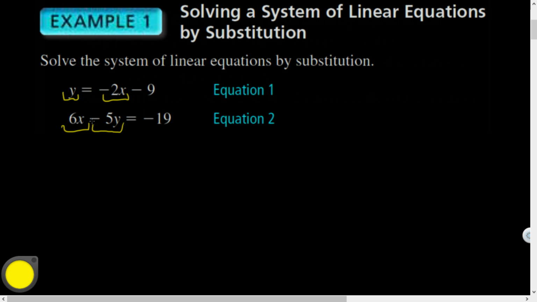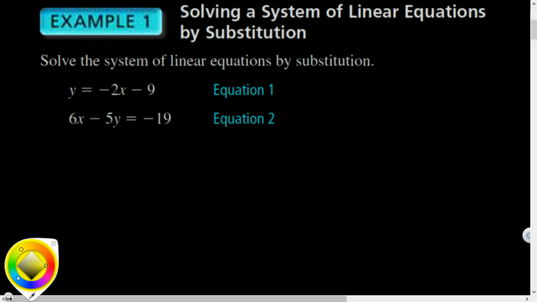You want to aim for a variable that has a +1 or -1 coefficient, because then you'll avoid a lot of fractions and make the problem easy for yourself. So I am going to target this y.